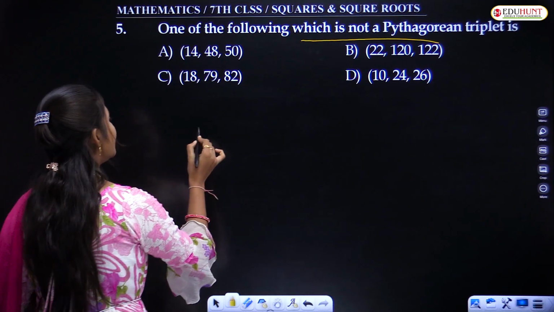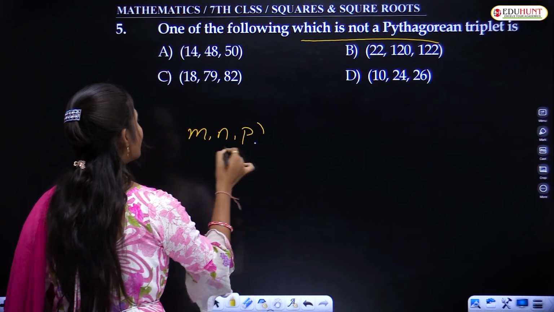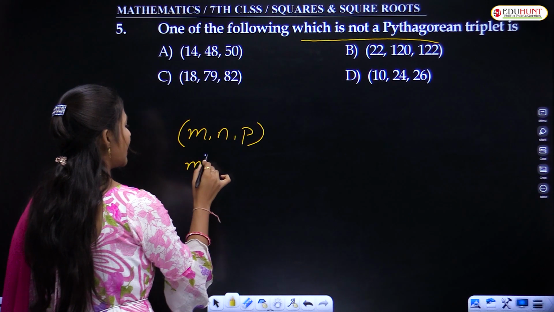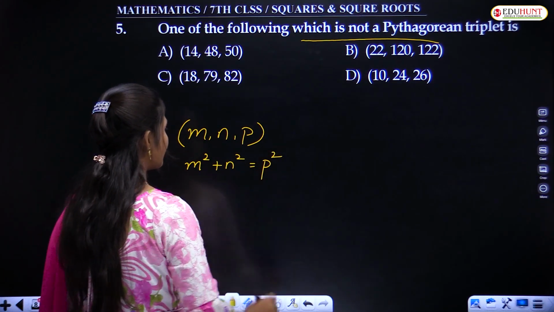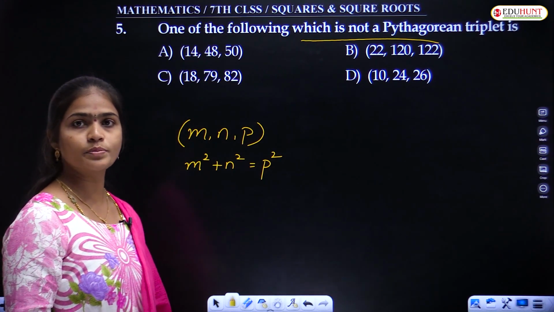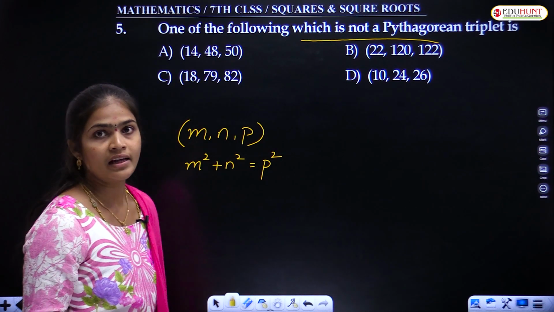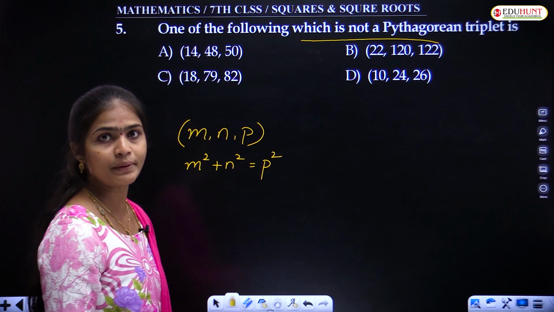For example, if the numbers are m, n, p, the condition is m square plus n square equals p square. Then only we can say that they are a Pythagorean triplet.